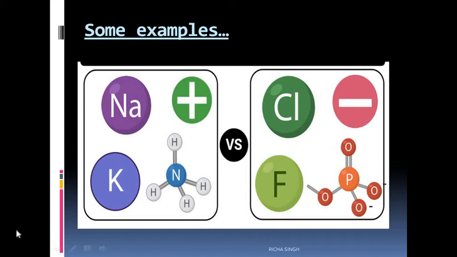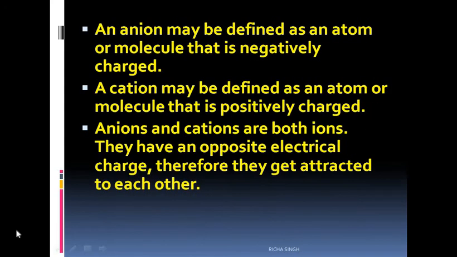And non-metals form anions, like chlorine and fluorine. They accept electrons and therefore attain a negative charge. They both are charged particles. Cation, positive charge. Anion, negative charge.